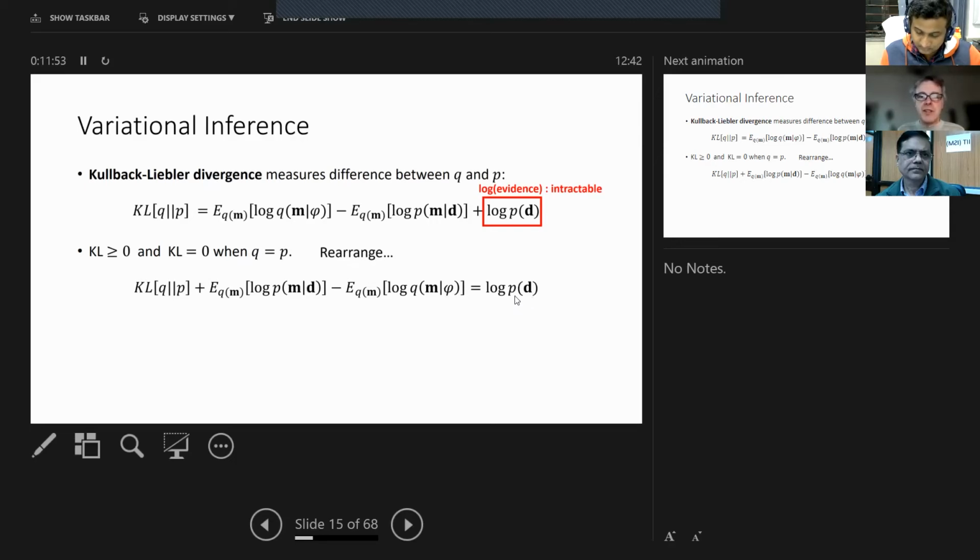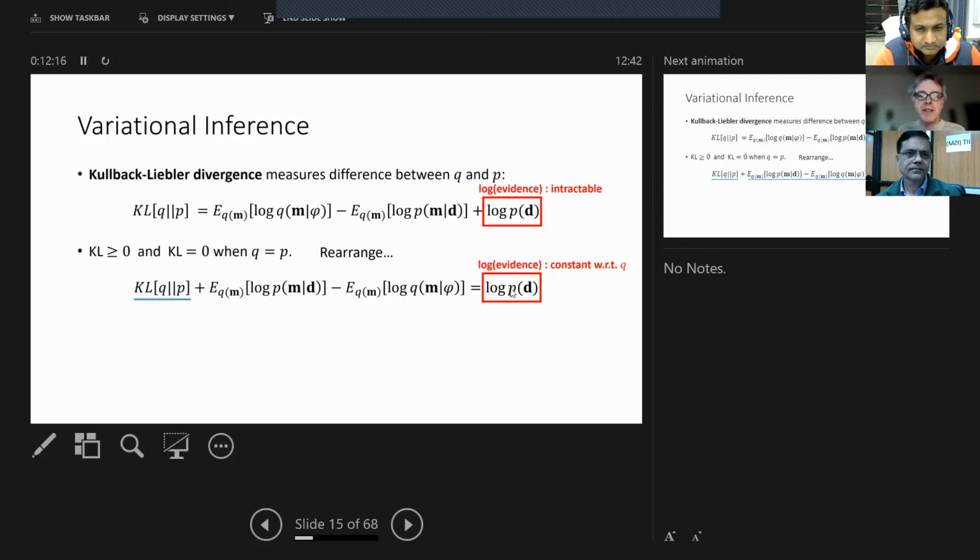Now, the reason we do this, if we look again at the evidence, we see it's constant with respect to Q. Remember, it's Q that we're changing to best represent our posterior. As we change Q, this right-hand side of the equation doesn't change at all. Now, what we want to do is to vary Q to minimize the difference between them, the KL divergence.